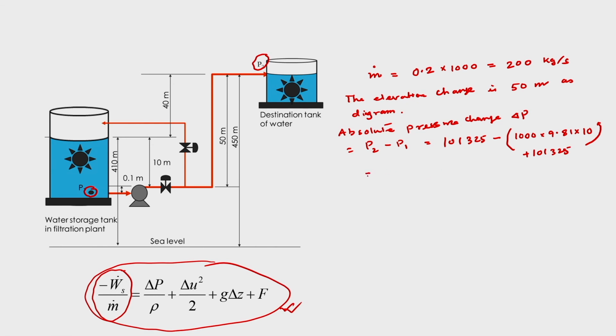So finally it comes to minus 98,100 Pascal. This is your absolute pressure change.